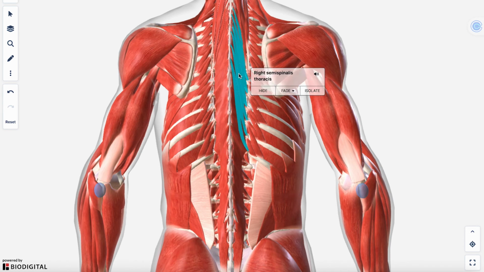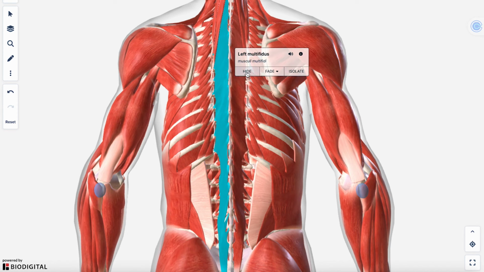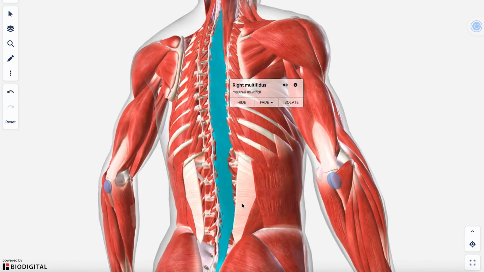So let's hide those two. And this is the cervicis region of semispinalis. I don't know how good this model will be in differentiating the rest. This is your multifidus, which it did not really do a good job with the details, but anyway, you can see that your multifidus is here. And like I said, in the lumbar region, it's very beefy.